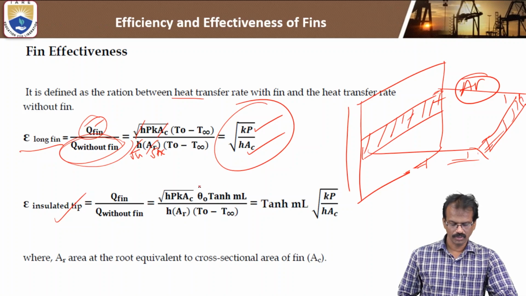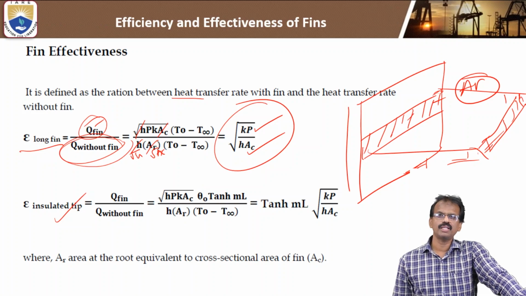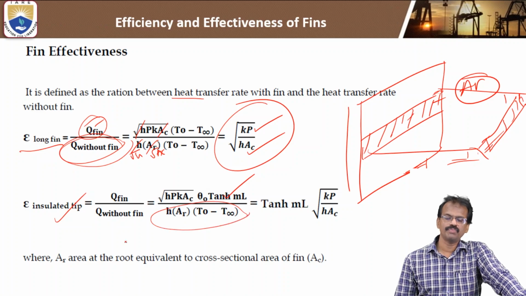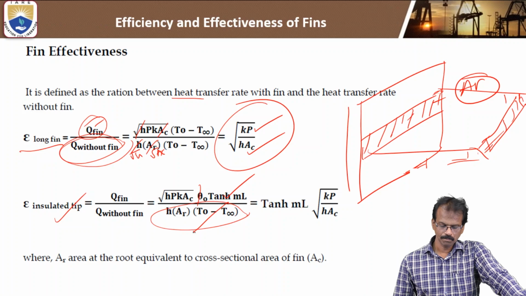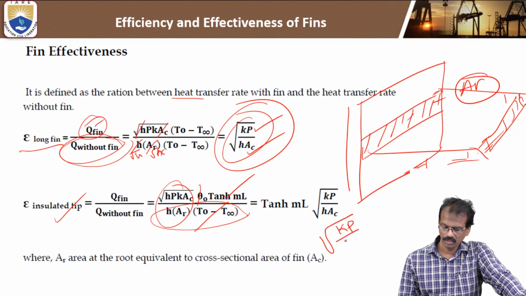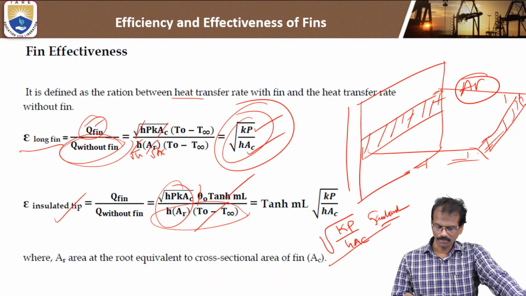You know the formula for the insulated end is under root hPkA_C theta naught into tanh ml. By the same, without fin means hA_R into theta naught, where theta naught means T naught minus T infinity. So this temperature will be cancelled. If you simplify, you get under root of kP by hA_C into tanh ml. You have to remember these formulas.